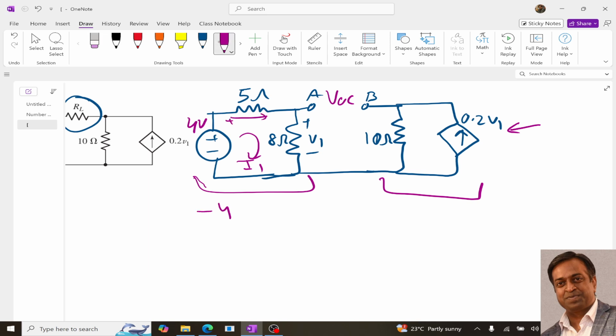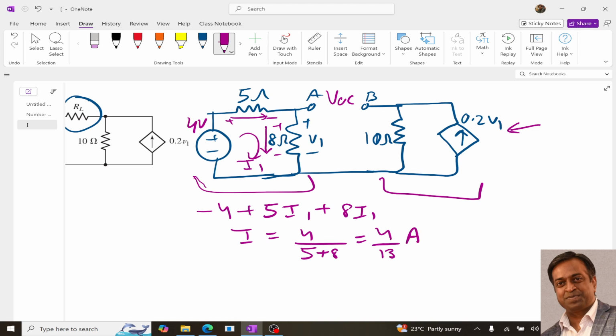Now this is plus to minus, so plus 5 I1, and this is plus to minus, so plus 8 I1. So I1 is 4 upon 5 plus 8, which equals 4 upon 13 amperes.